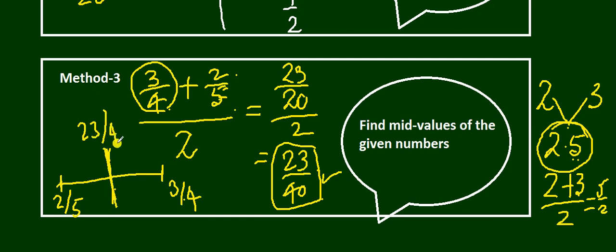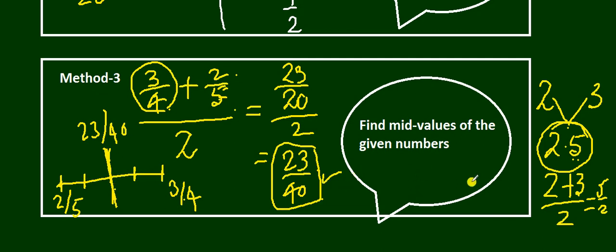You can use the same method: add 2 over 5 and 23 over 40 and divide by 2 to get a point here. Similarly, this plus this divided by 2 will give you a point here, and so on. You can just go on continuing the process.